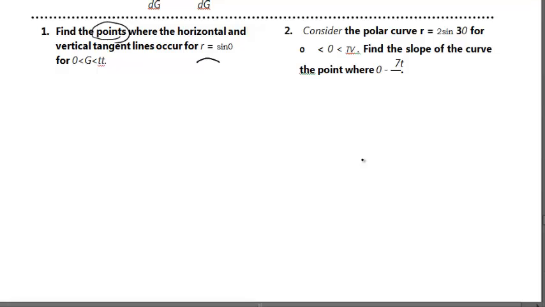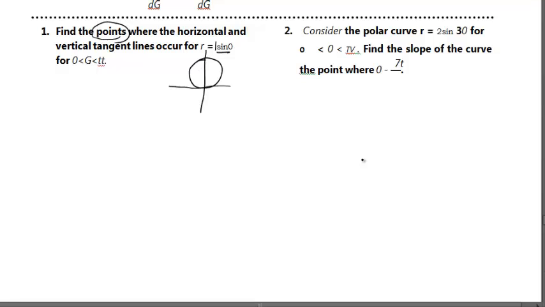A picture of what we're looking for is this. R equals sine theta is actually a circle that's symmetric with the positive y-axis, with a diameter of 1. This coefficient tells us the diameter. Sine is associated with y. It's a positive sign, not negative 1 sine theta. So the symmetry occurs along the positive y-axis.